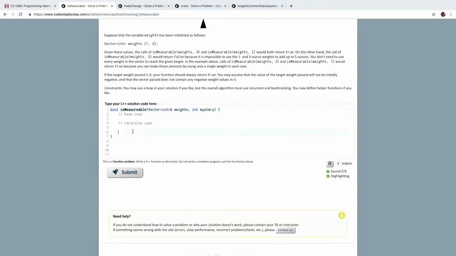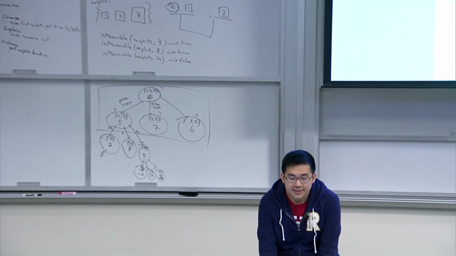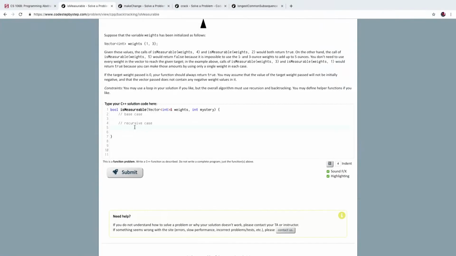Now, in the recursive case over here, what are the 3 steps we have to do? Choose. So for choose, how do we do that choose step? We take the first weight. How do you take out the first weight? Vector.